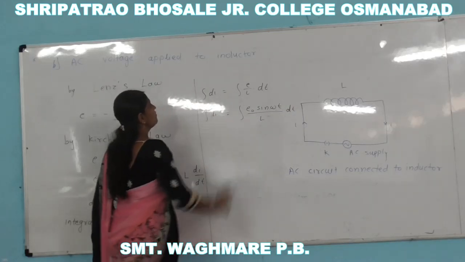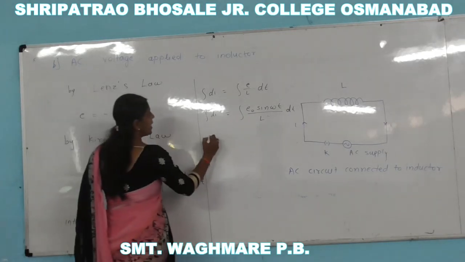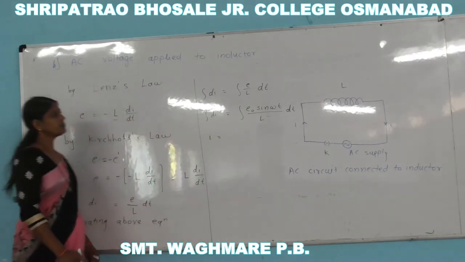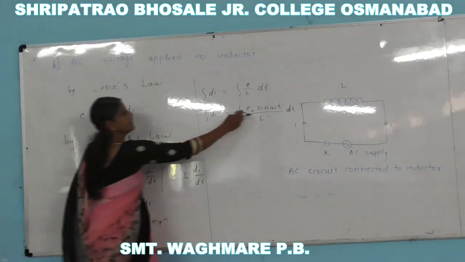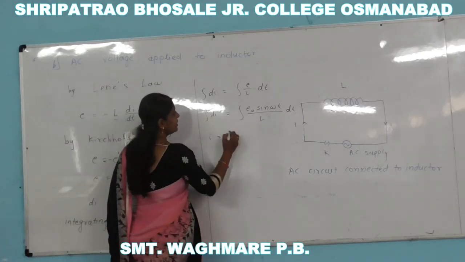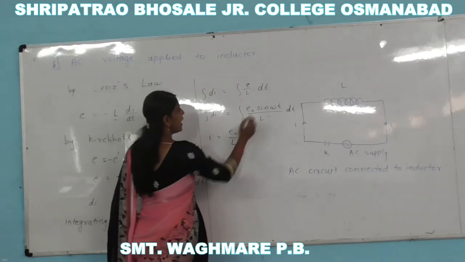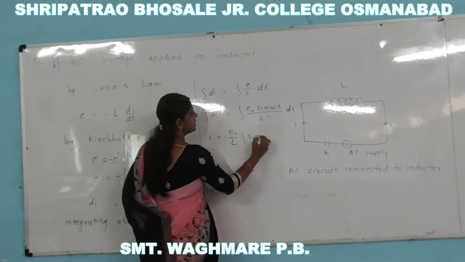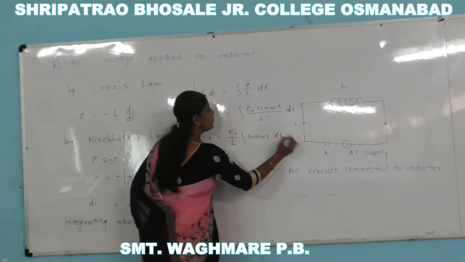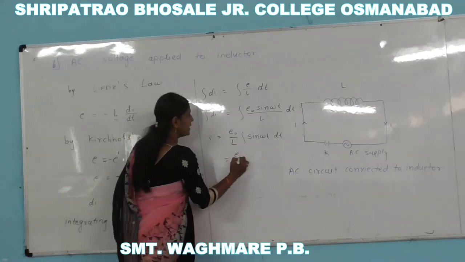Now when we integrate, we get I is equal to E naught by L, which we take outside the integration, and then the integration of sin omega t into dt.